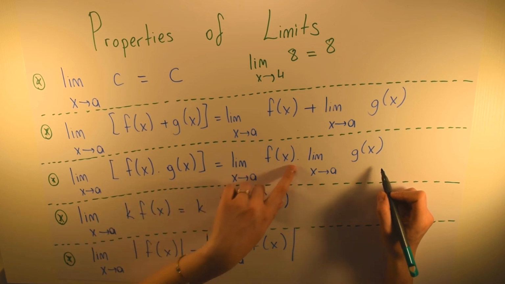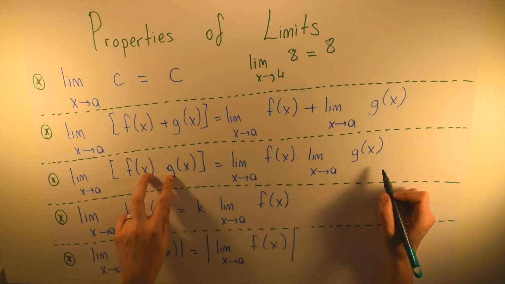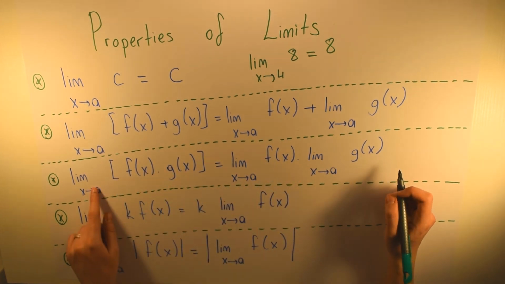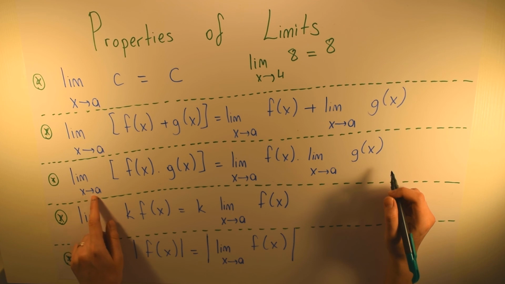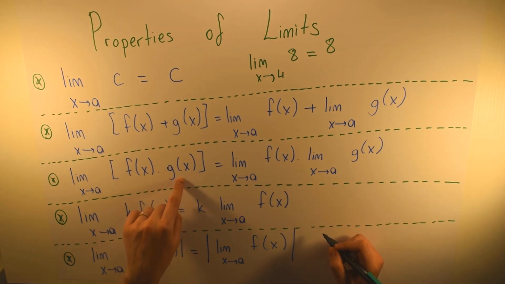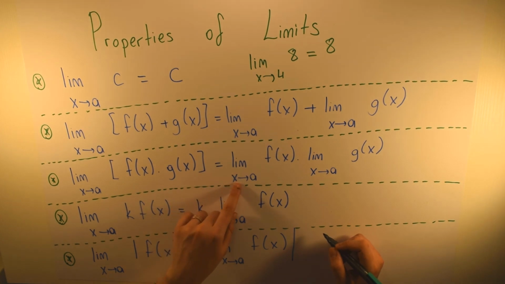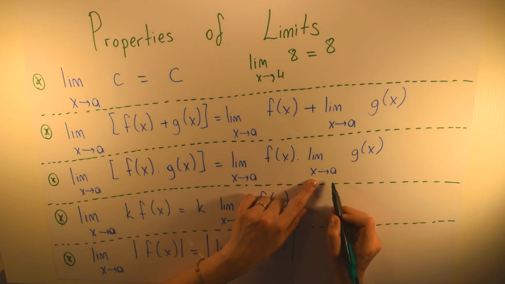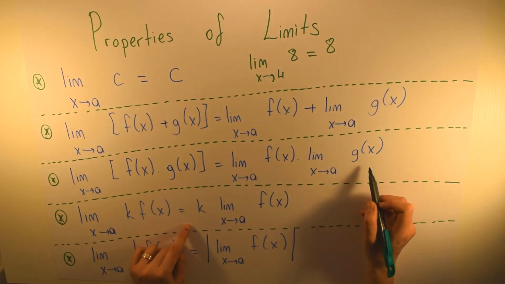This rule says that the limit of the product of two functions is the product of their limits. So limit as x approaches a of f of x times g of x is equal to limit as x approaches a of f of x times limit as x approaches a of g of x.